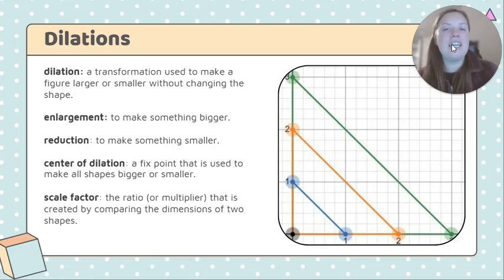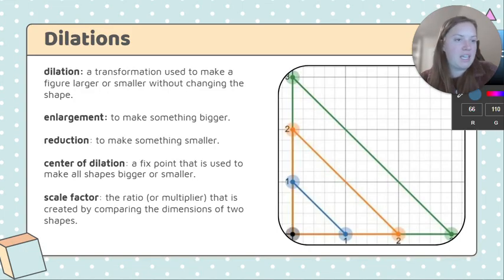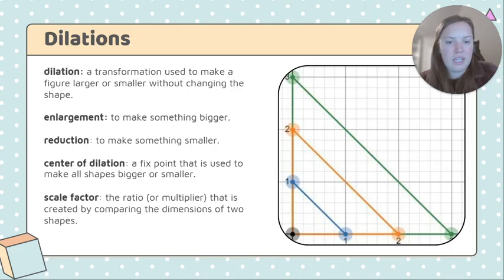A dilation is a type of transformation, and it makes a figure bigger or smaller. Here in my picture, I actually have the original triangle. Let's make this triangle orange, kind of like what's already there.